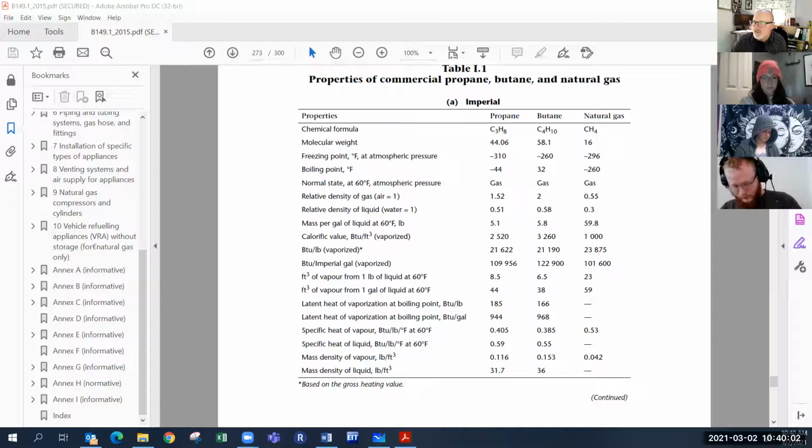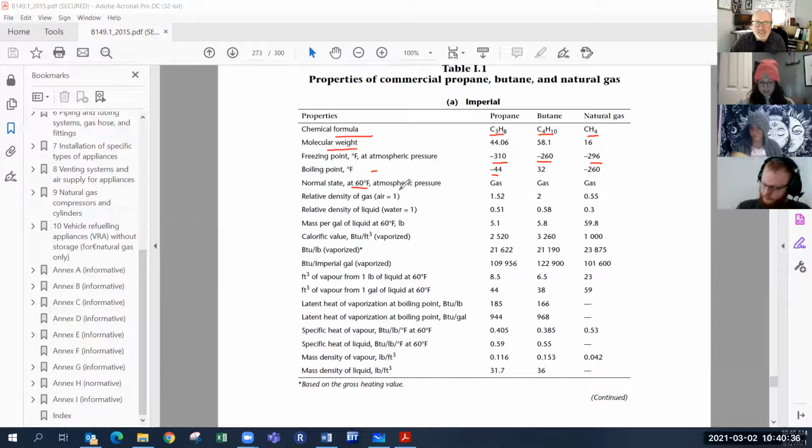Chemical formulas: look at propane, butane, natural gas. Molecular weight, okay, not too important. Freezing point at atmospheric pressure, and this is a gas. They're talking about a gas. 260, 269. Boiling point clearly means a liquid.